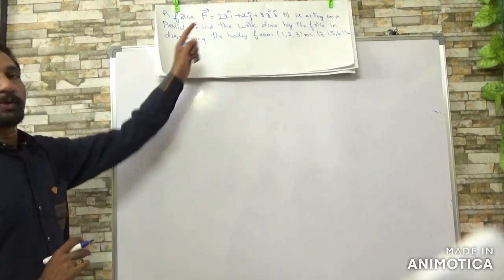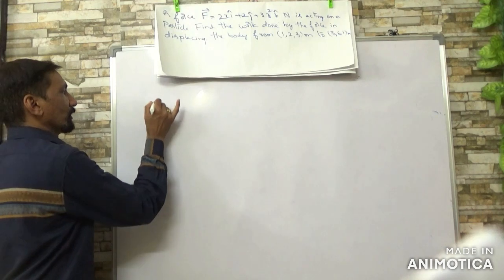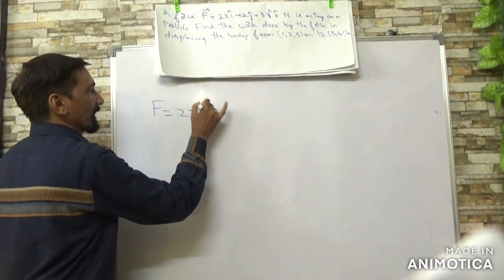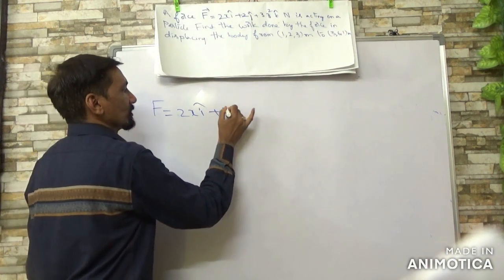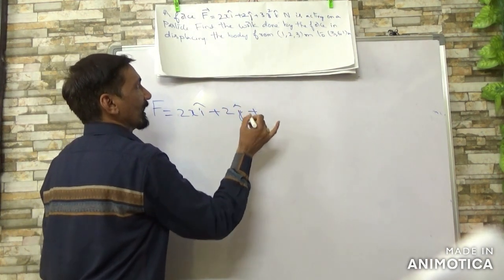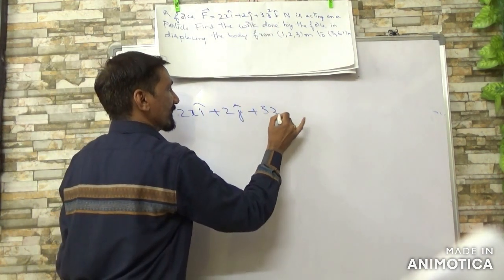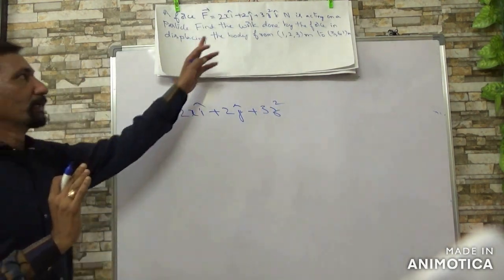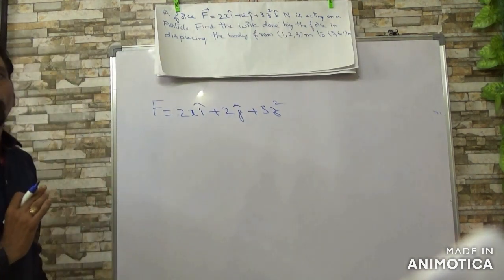Now in this problem, the force function given is 2x i plus 2 j plus 3z square k. Okay, so you want to find the work done between these 2 points.